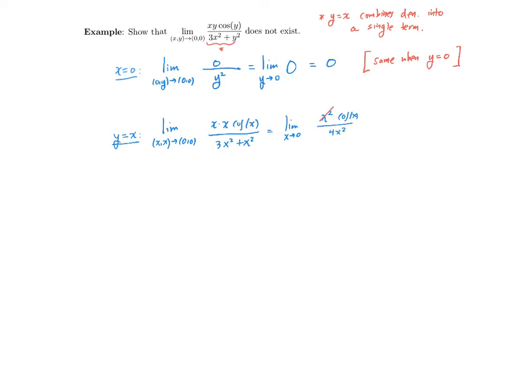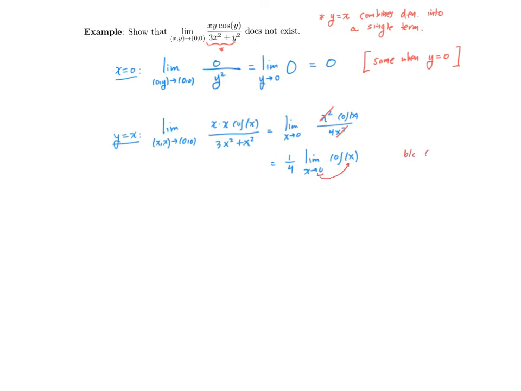The x squared in the top and the x squared in the bottom cancel. 1/4 is a constant, which pulls in front of the limit. And we're once again left with the limit of a continuous function. And because it's a limit of a continuous function, which we'll hit on in a future video, we can go ahead and substitute that x value in.